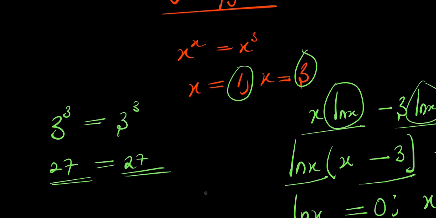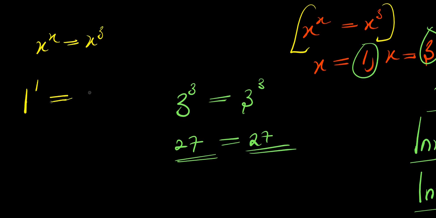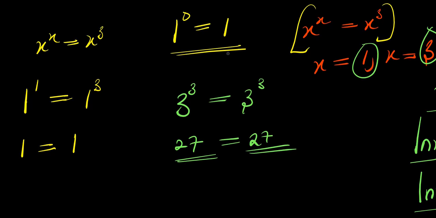And when x equals 1, remember we are still using this equation here. You substitute 1 for x, you have 1 power 1, it is the same as 1 power 3. 1 power 1 is 1, and 1 power 3 is 1. In fact, 1 power any number, including 0, is 1. So this also satisfies the equation.